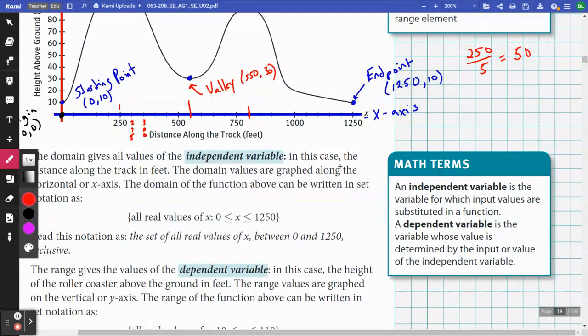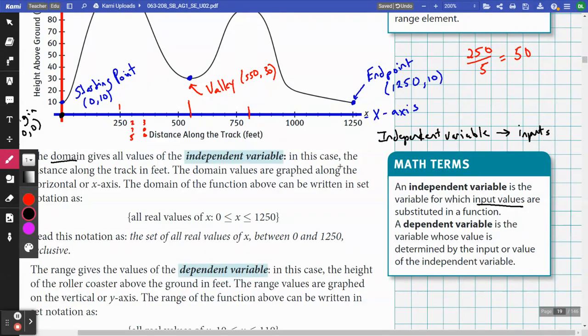So the independent variable goes with your domain. It says here that it is your input values.